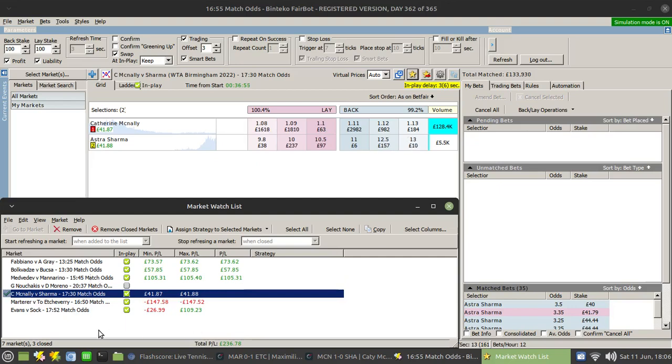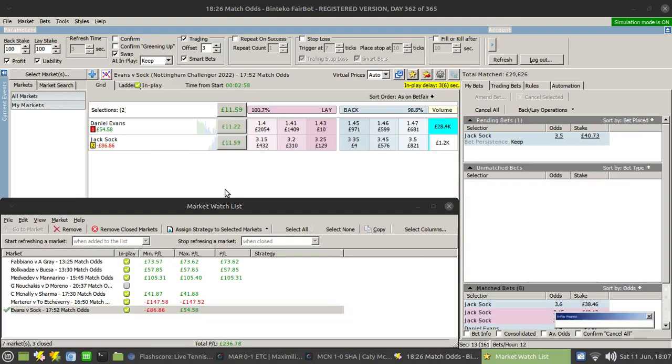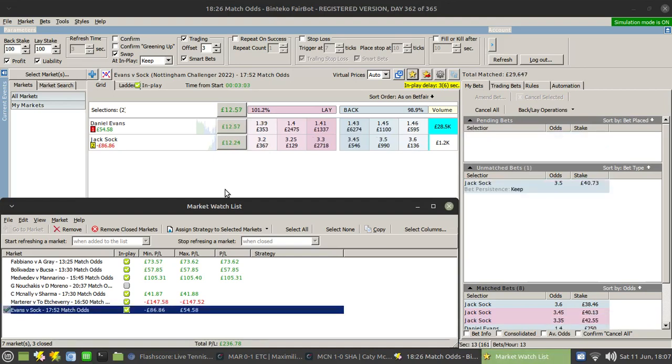So really the only 2 that we've got left going is this one that we're involved in just now and the one that hasn't started as yet. So what I'll do is I'll just pause the video, let these bets clear away, which they've more or less done now. Just that one to be taken, and I'll come back and we'll just reload. Given that the match has just started, there's plenty of time to go in 2 or 3 times.